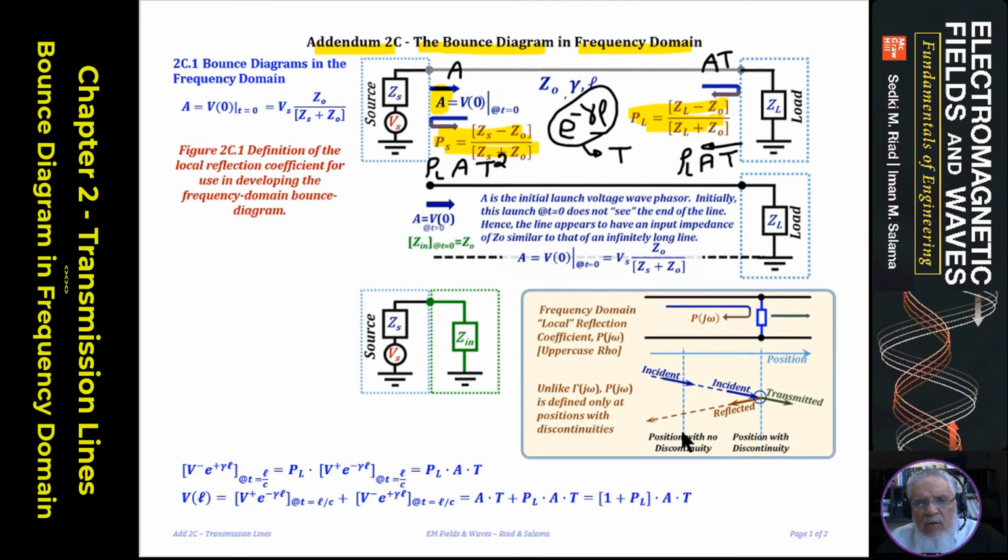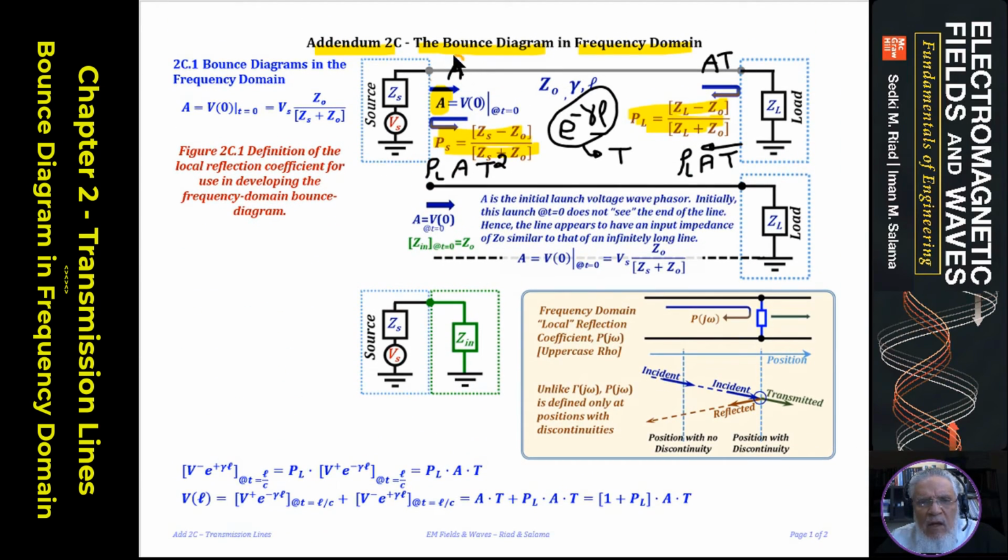Now let's get back to the A. Remember, we said we'll defer that part until later on. The A is the initial launch. And this initial launch is basically when you first turn on the switch and the signal leaves the source and goes down the transmission line. It hasn't seen the end of the line yet. So the input impedance here now is that of a long line, an infinite line, nothing at the end of it.